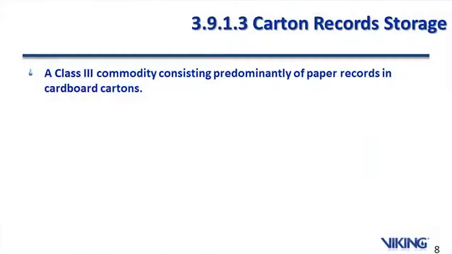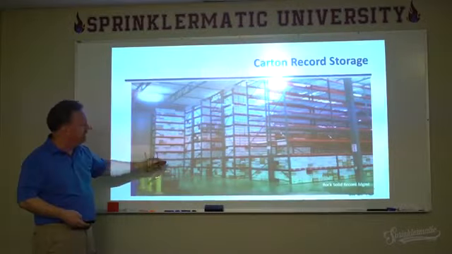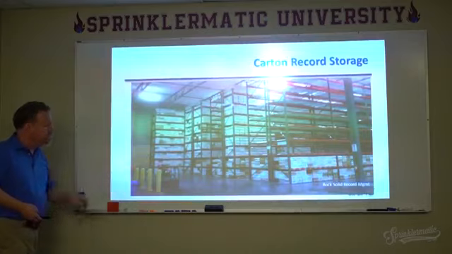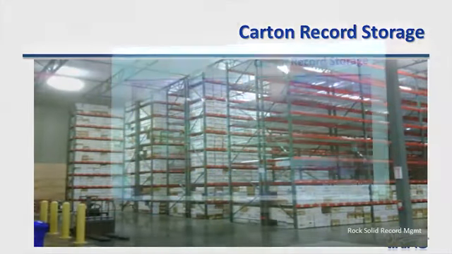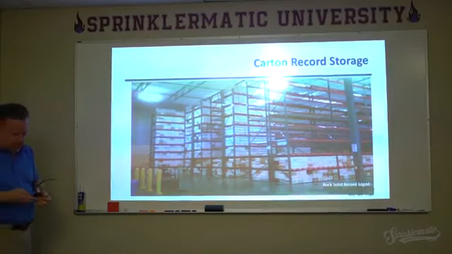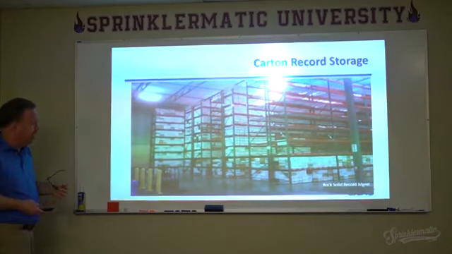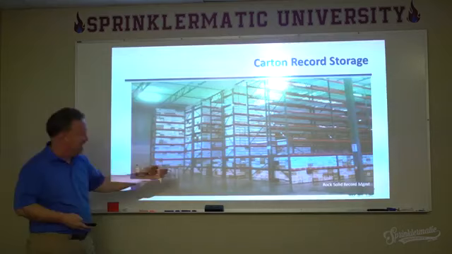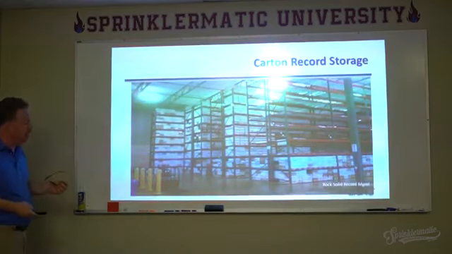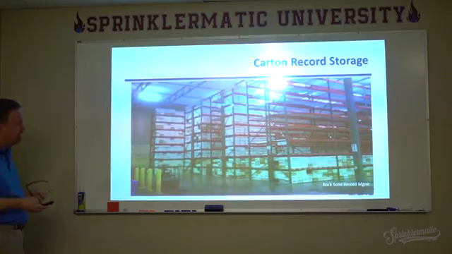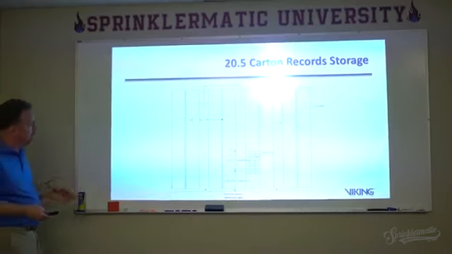Finally, carton record storage. This is the typical arrangement you might see in racks. But then we go to the one I showed you before that had the access through the catwalk that goes down into that space. So we need to provide that protection here.